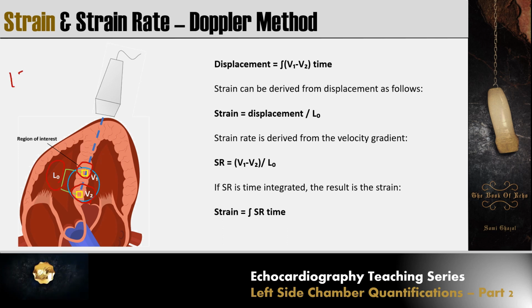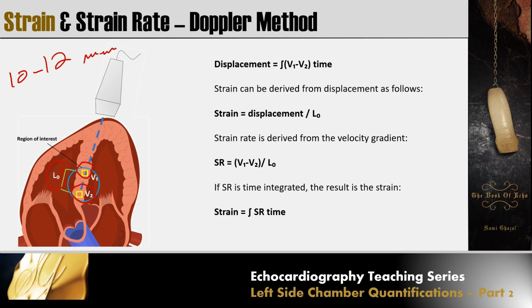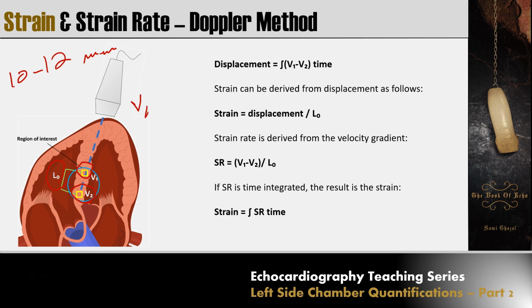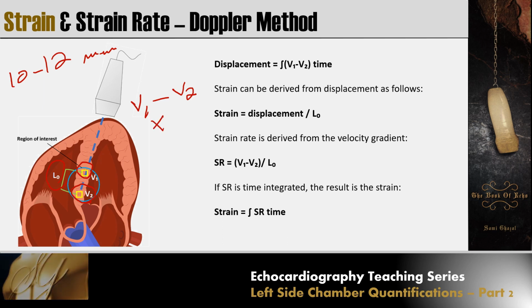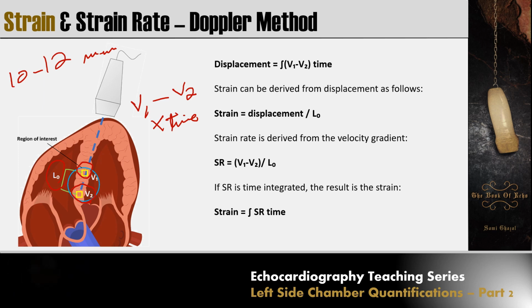It is usually 10 to 12 millimeters depending on the vendor. So it's a pre-specified length. Then we need to measure the velocity gradient, or the difference between the 2 velocities, V1 and V2. Simply, if the velocity is not changing, if you multiply by time, you get the displacement or the distance.